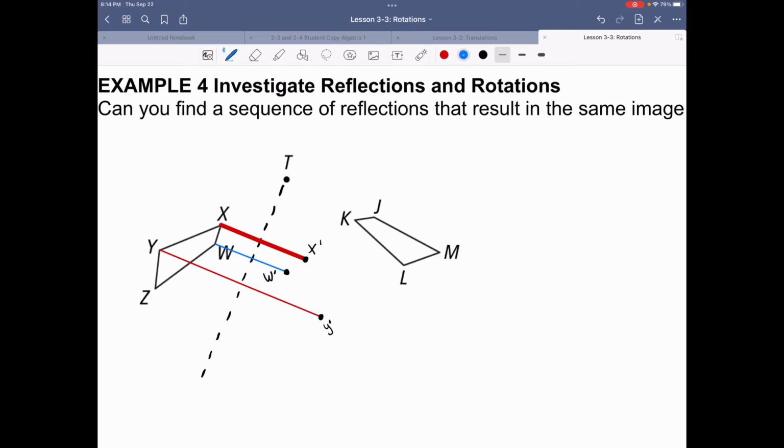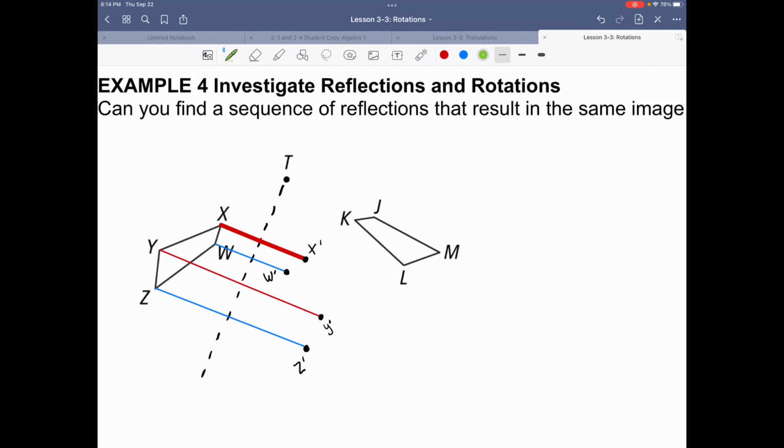And then I'm going to find Z prime. So Z is not quite as far away. So I want to double it. About there. So that will be Z prime. And then what I need to do is connect the dots.